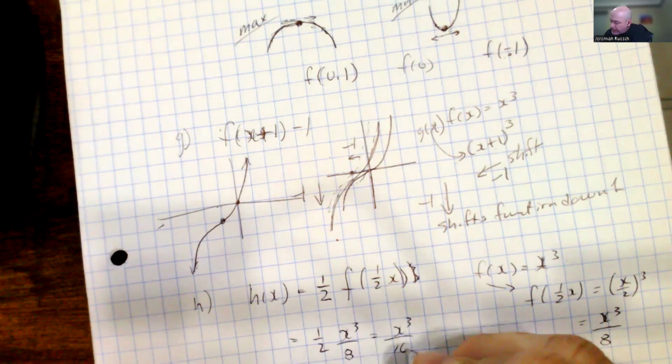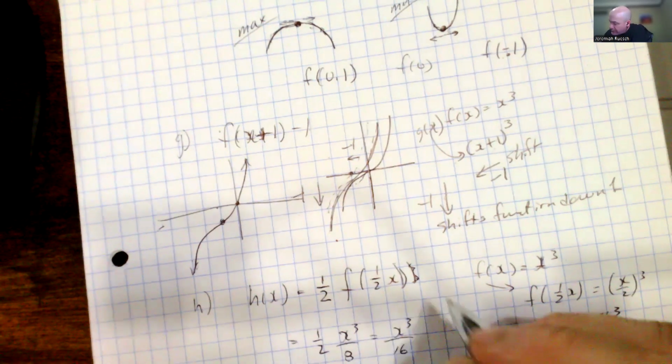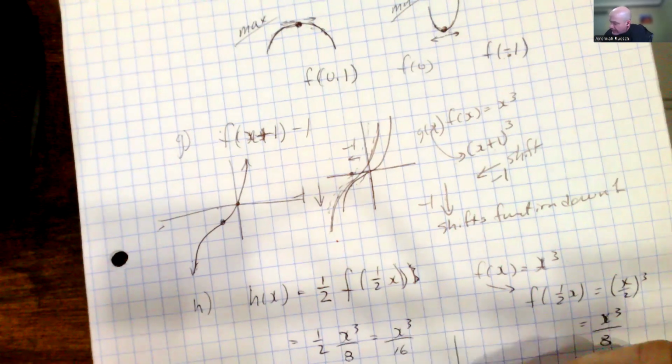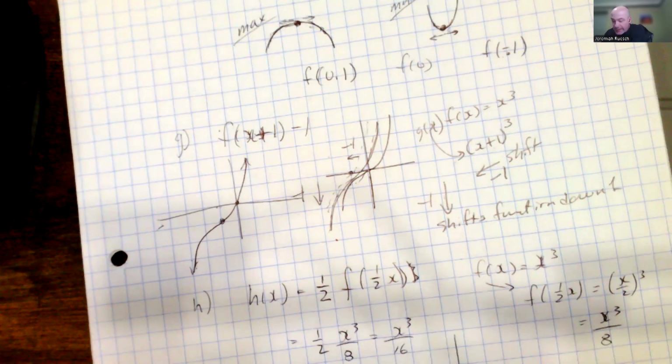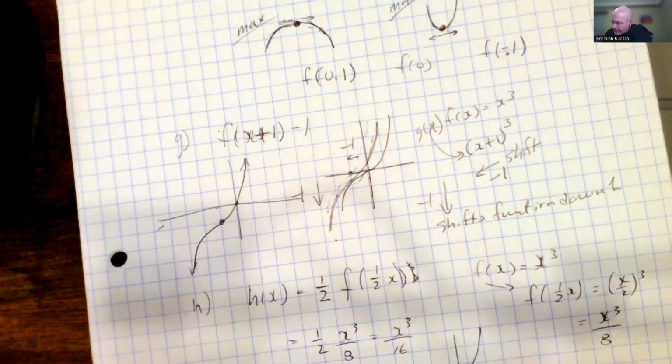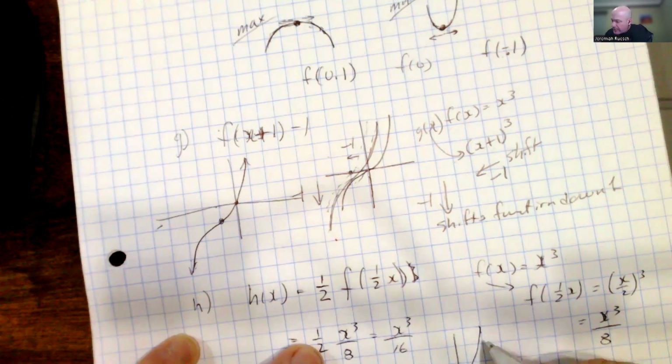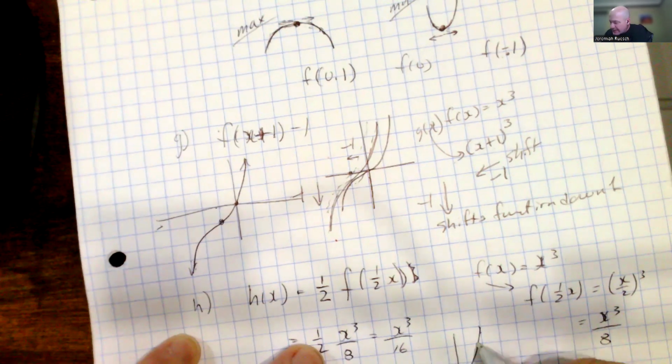So if we think about the original function, now we're going to divide it by 16. If this number was 1, it's now going to become 1/16th its value.